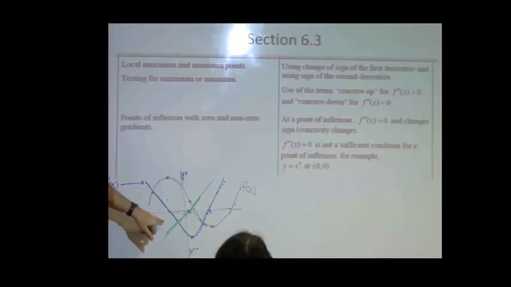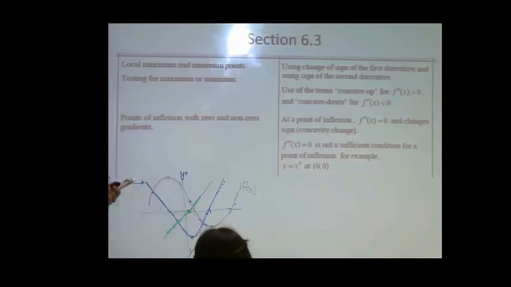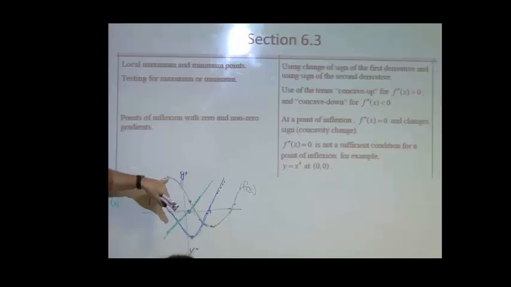But here's what I want to illustrate right here. The second derivative at this point, so going back to my original function, I'm asking, is this a maximum point or a minimum point?